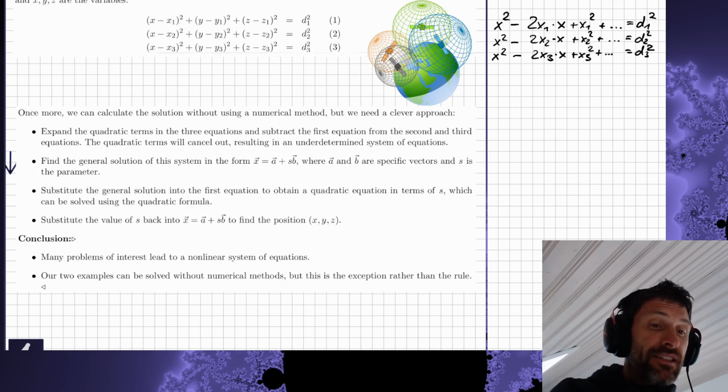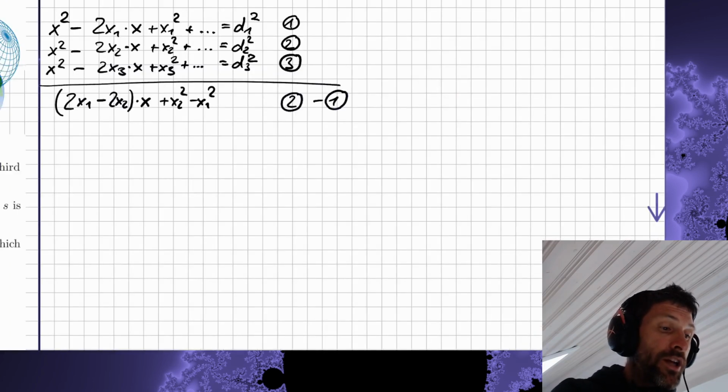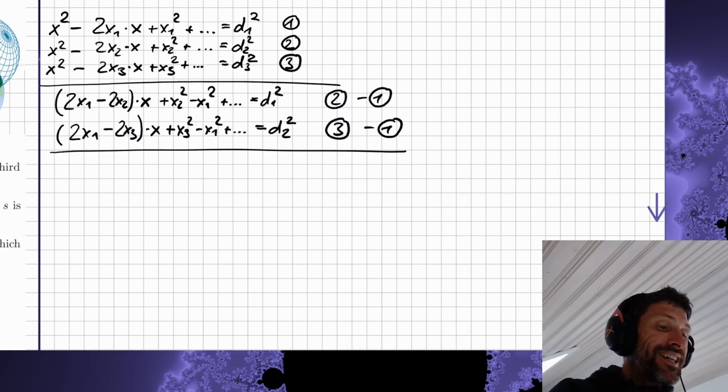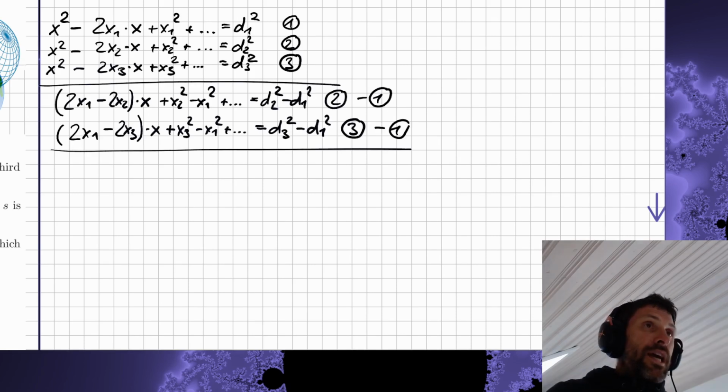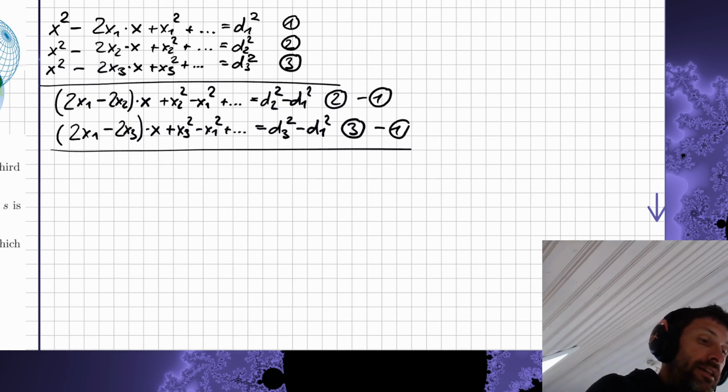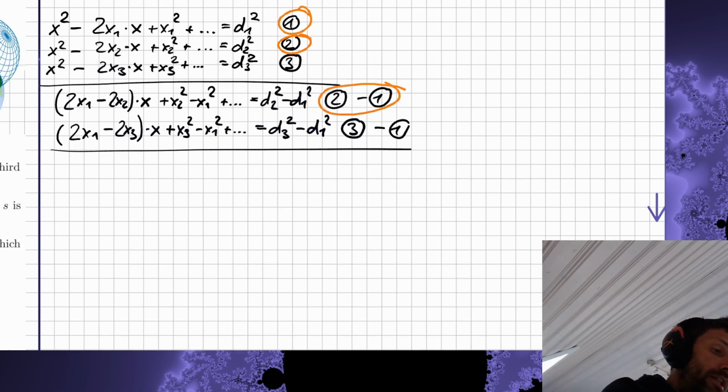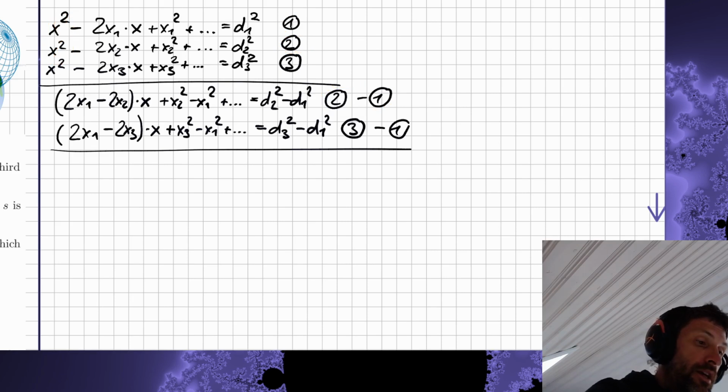Okay, having that, we have 3 equations, and now we can subtract. Subtracting equation 2 minus equation 1, we get the following. Equation 2 minus equation 1, these two will cancel.